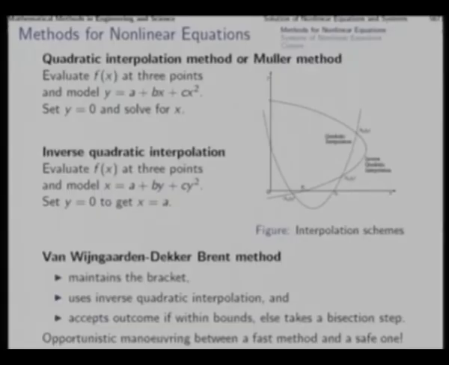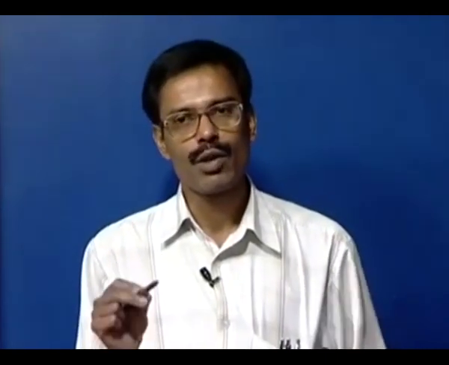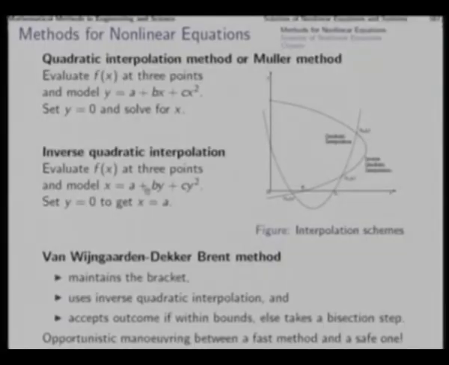So, whenever we find that the sophisticated method suggests something good, we accept it, and if it suggests something undesirable, then we do not accept it, and for that particular iteration we use our time tested, reliable and guaranteed method of bisection for only that step. So, when the bad time comes, we look for a slow but assured step, and when good times proceed, we approach the solution faster.